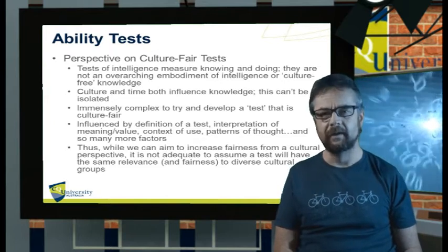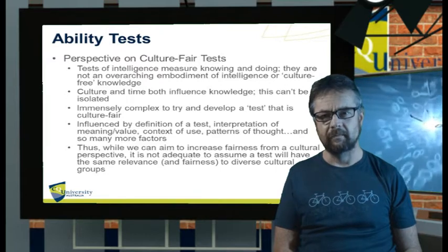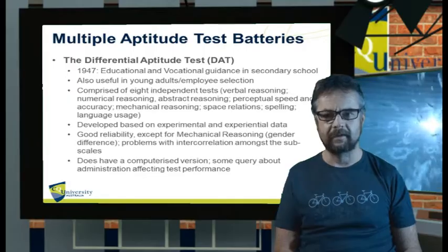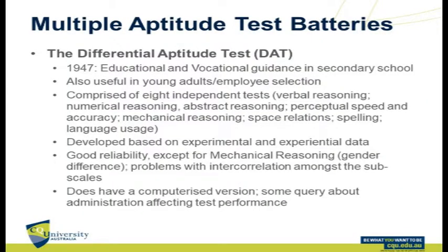So let's now have a look at some aptitude test batteries. First, we have the Differential Aptitude Test. This started off as a test for secondary school children to provide them with career guidance, but then it became seen as providing useful career guidance for adults, and it's become one of the most popular multiple aptitude test batteries of all time.